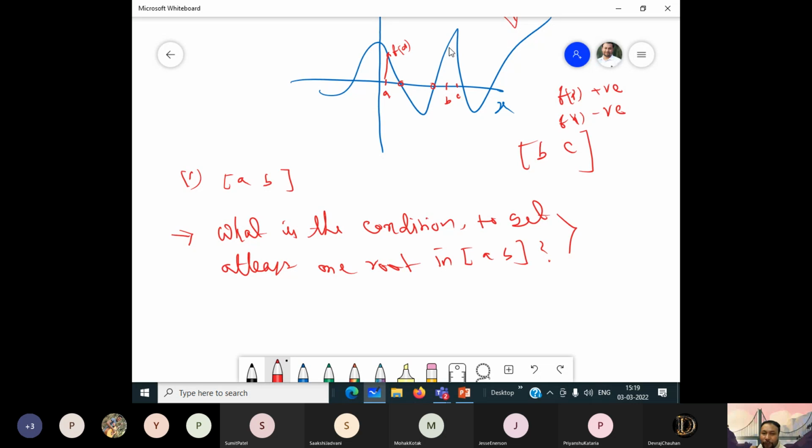Here f of B is also positive, yes or no? I cannot say that there is no root.